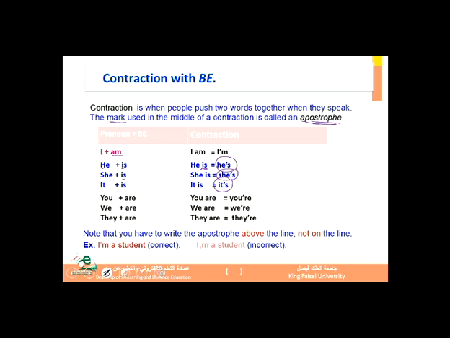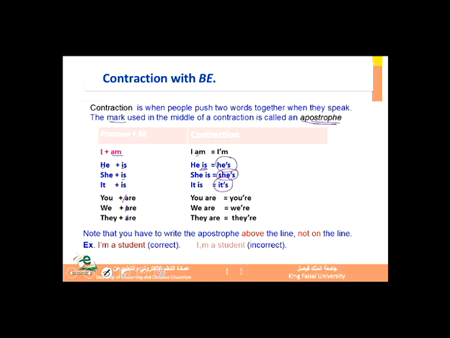Again, in the case of you, we, and they, which are followed by the form of verb to be are, we can contract the first sound of the verb to be and replace it by an apostrophe. So rather than saying you are, you're. We are, we're, and they are, they're. What has happened?